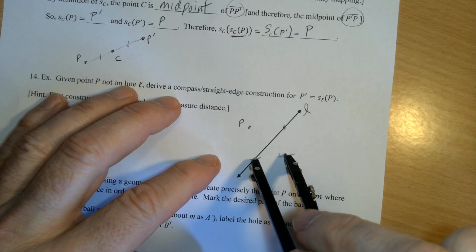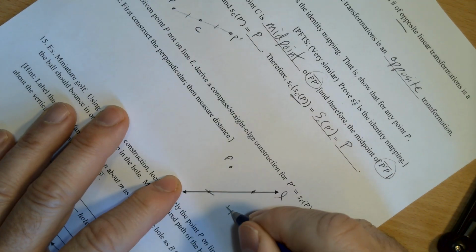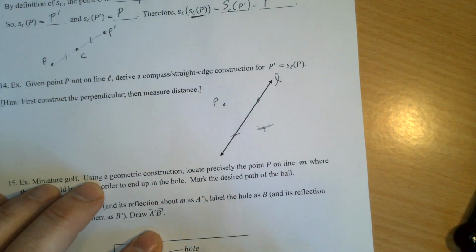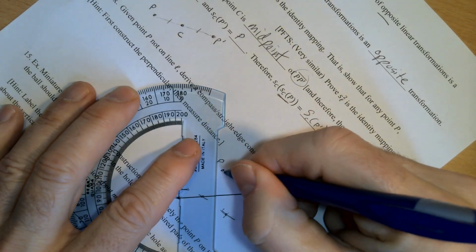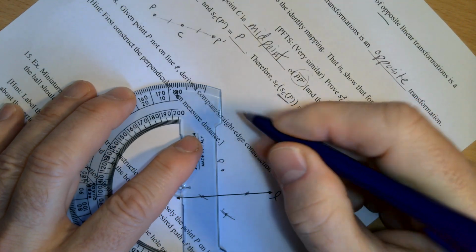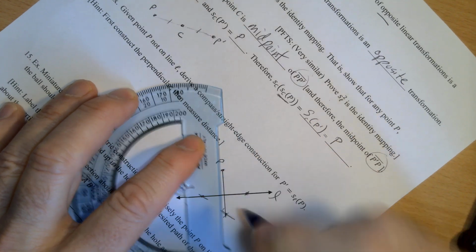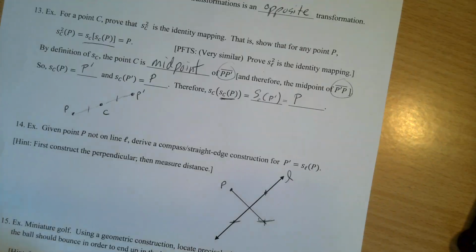And where they intersect, right here, connect that to the point P and we have our perpendicular. So I'll use a straight edge for that one. Okay, so that's our perpendicular.